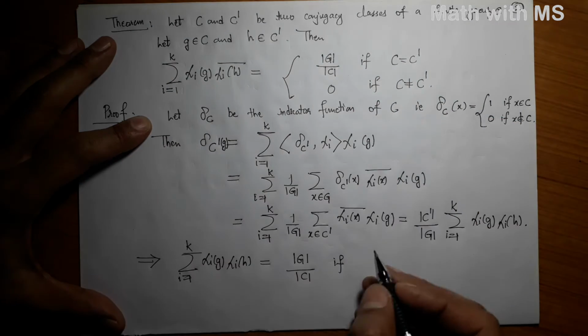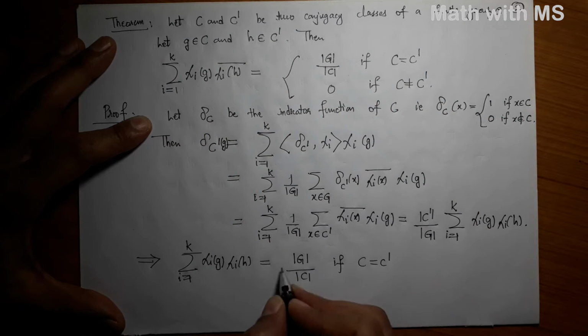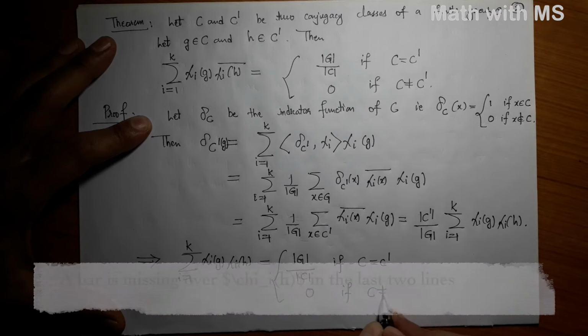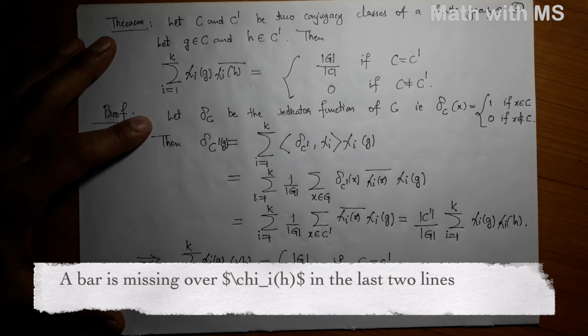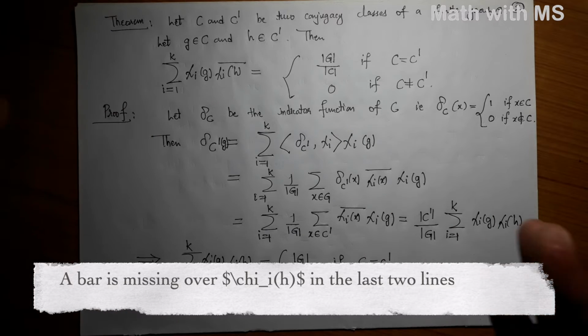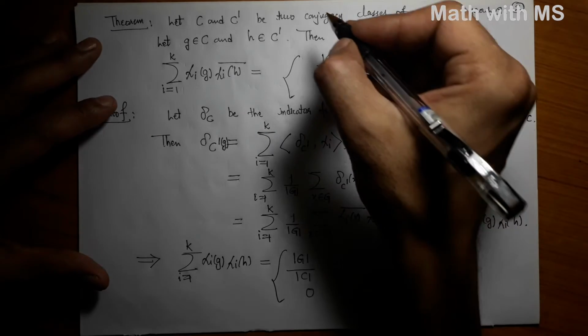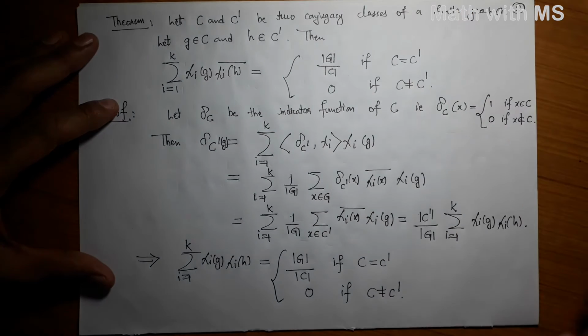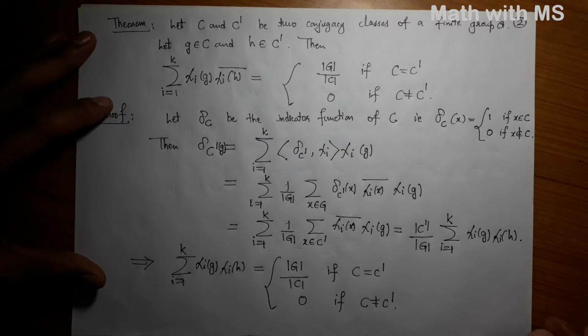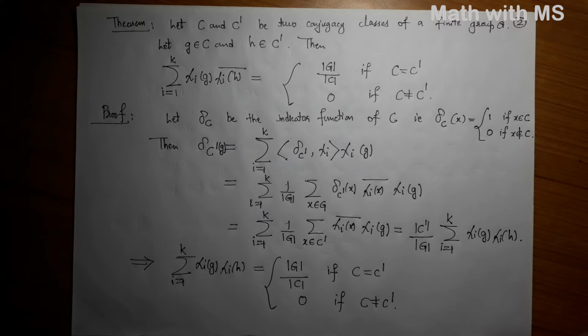Therefore that means C is C prime, and 0 if C is not the same as C prime. This shows that the columns of the character table are orthogonal with respect to the Hermitian inner product on the complex vector space C^k, where k is the number of conjugacy classes, which is the same as the number of irreducible characters of the group.